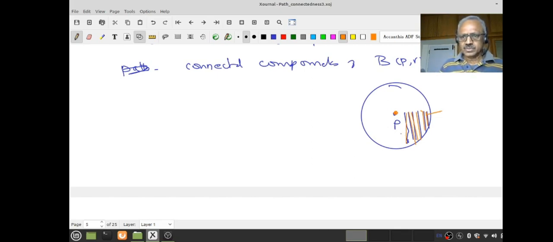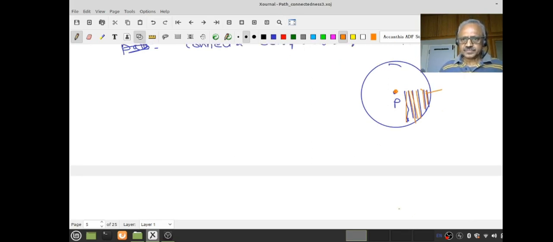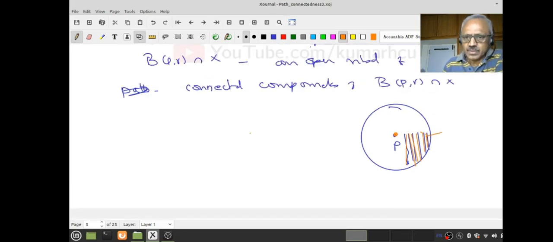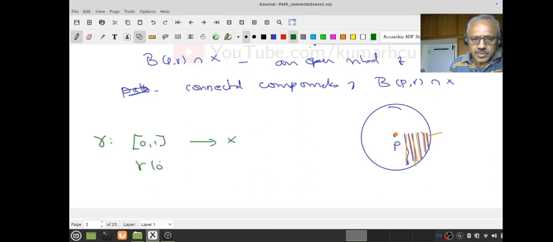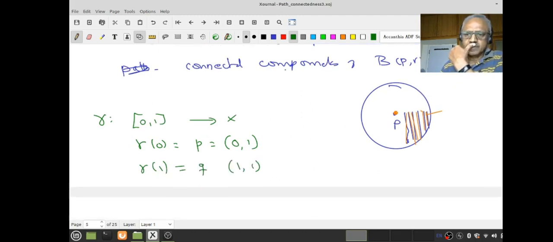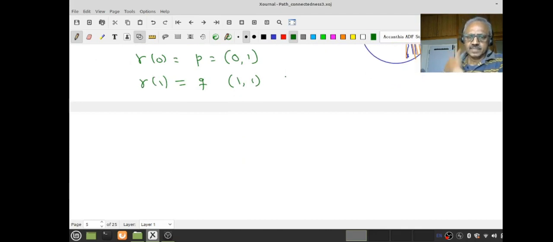Okay, so that's it. Next, let us assume there is a path gamma from [0,1] to X, so that gamma(0) is p, which is (0, 1), and gamma(1) is q, which is (1, 1). Now I'm going to look at the x component of gamma.